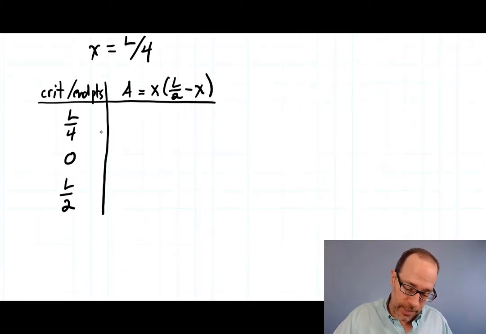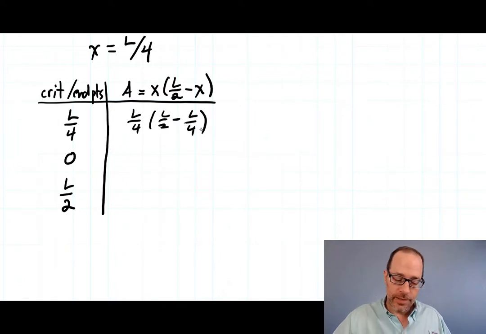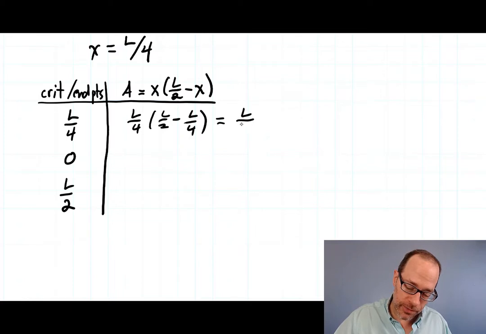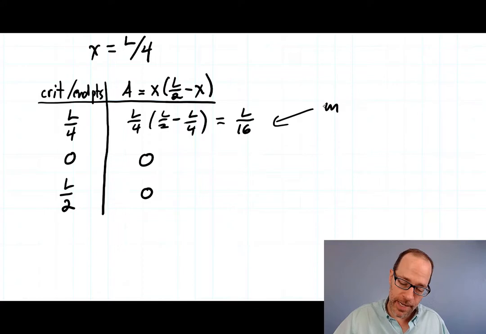All right, so if I plug in L over 4, I get L over 4, and then L over 2 minus L over 4. So that's another L over 4 there in the parentheses. So I get L over 16. If I plug in 0, I get 0. And obviously if I plug in L over 2, I get 0 as well. So this is the max.